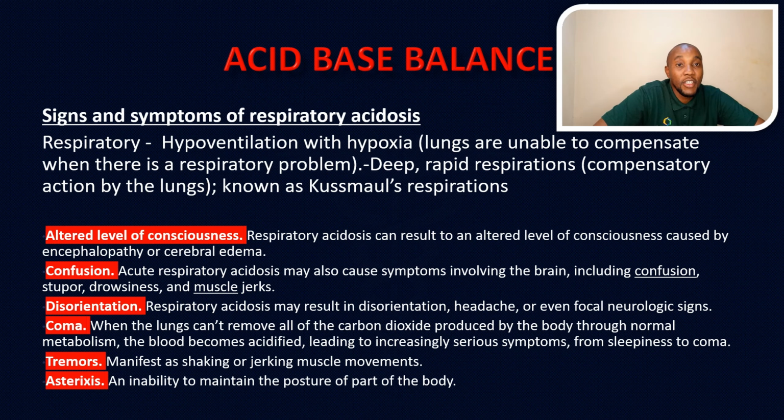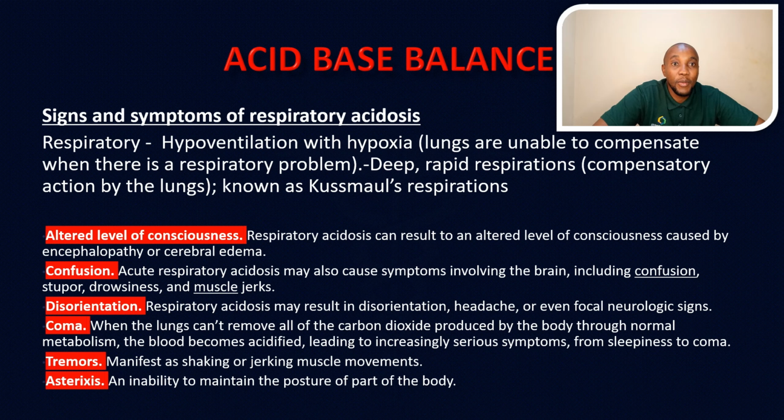But in some conditions, such as diabetic ketoacidosis, in an attempt to compensate, the patient will have deep, rapid respirations, and we call these Kussmaul's respirations. Remember that for your NCLEX.